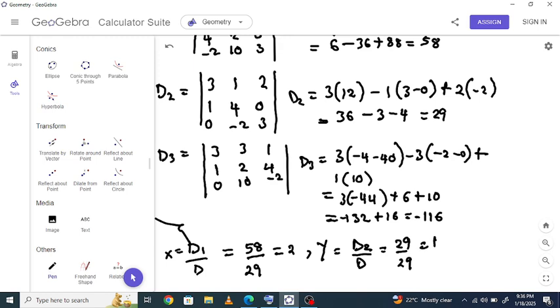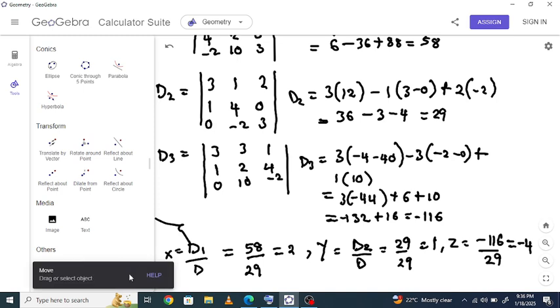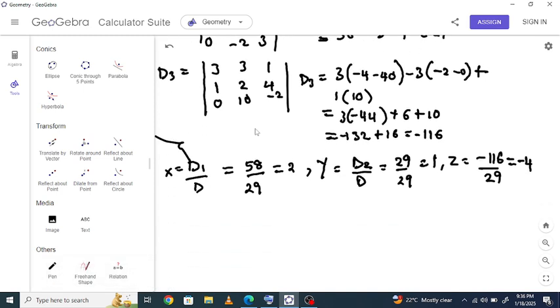Our value will be 1, and our z will be negative 116 over 29, and our value for z will be negative 4. Those three are the values of x, y, and z for our system, and we can just clearly write them here for clarity. x is equal to 2, y is equal to 1, and z is equal to negative 4.